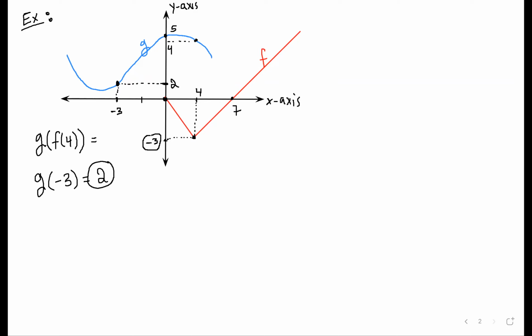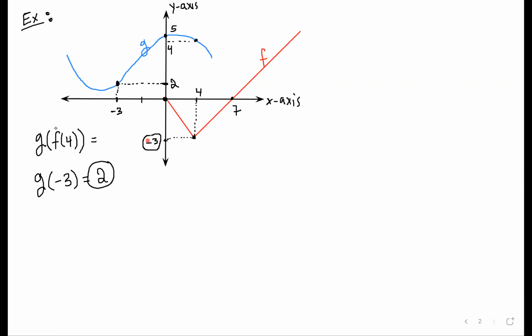Get the idea? Again, let me explain it again. I have two functions, the red one and the blue one. The question is find g of f of 4. You go to the 4, you find the y value for the function f. So you go down, and the y value is minus 3.